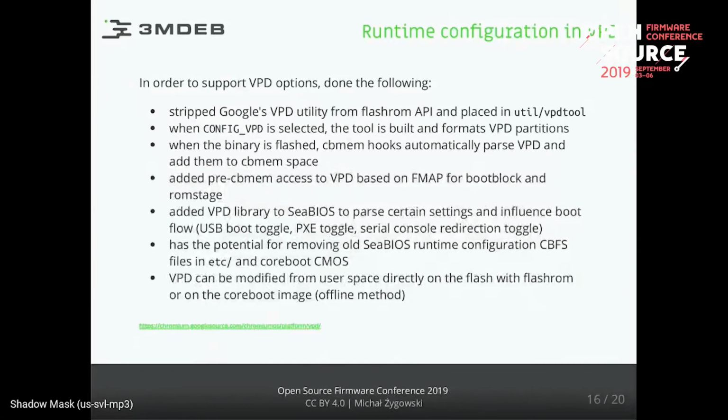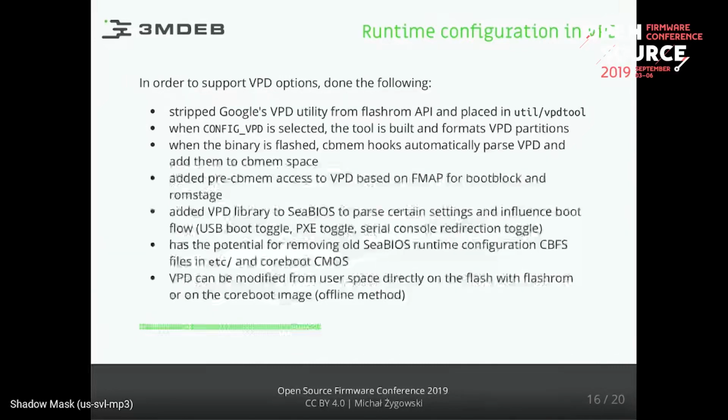I have also added a VPD library to cBIOS in order to parse some of the runtime configurations, like I can disable USB boot, I can enable or disable PXE boot, or even I can disable the serial console on my system, which is headless, etc. And I also see the potential of the VPD to replace entirely the old cBIOS configuration, which is based on CBFS files.